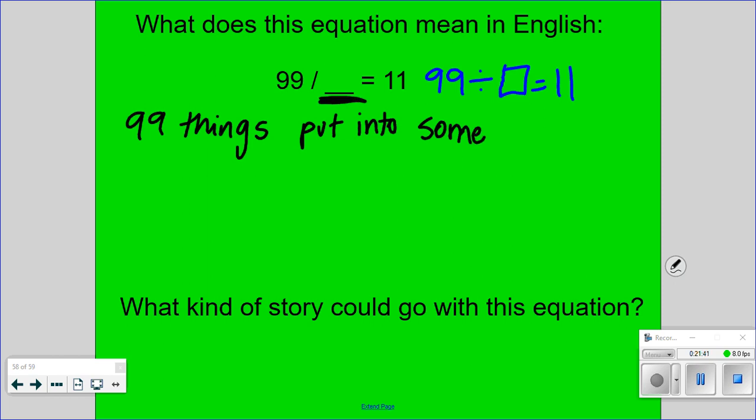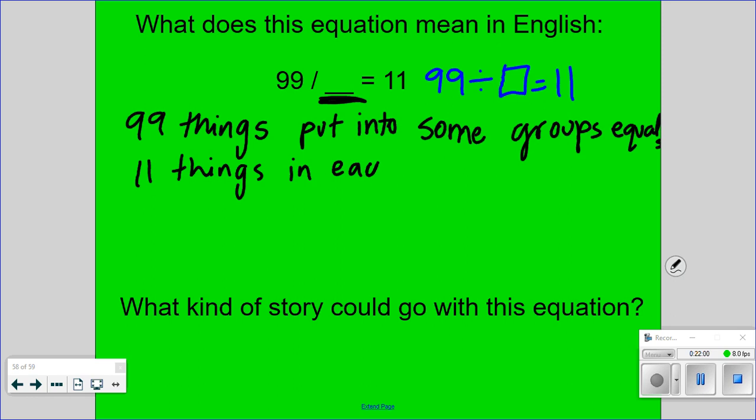It's a big old mystery box. But we do know 11 things will be in each group. That's what this number right here means, that there are 11 things inside each group.